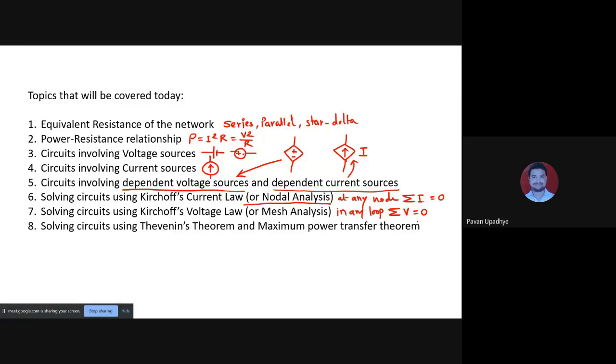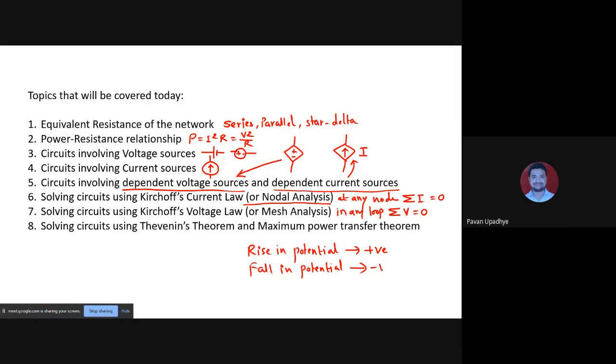The word algebraic summation is again important over here. It tells us that a rise in potential should be considered positive and a fall in potential should be considered negative.